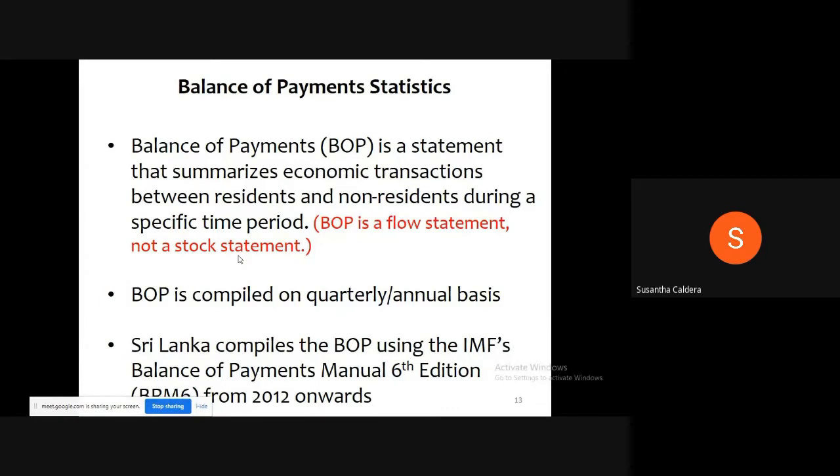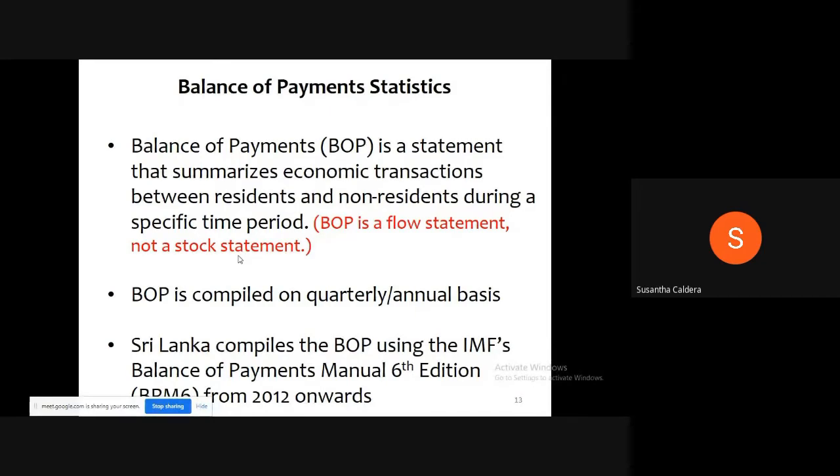Right? So, therefore, the balance of payment is a flow statement during a specific time period, from 1st January to 31st December.